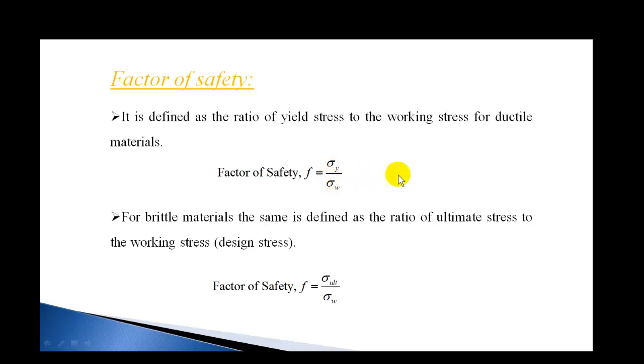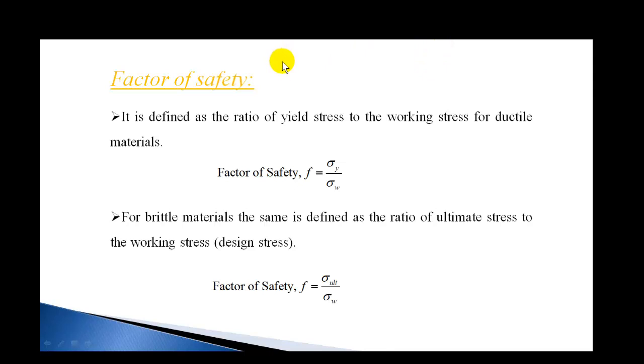You are limiting the working stress or design stress to 50 megapascal during the service of that component. Accidental overloading sometimes increases the stress beyond the design stress, but the material will still be safe because you are using a factor of safety. This is the definition of factor of safety for ductile materials.